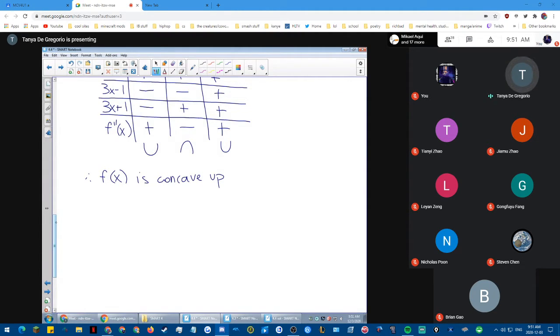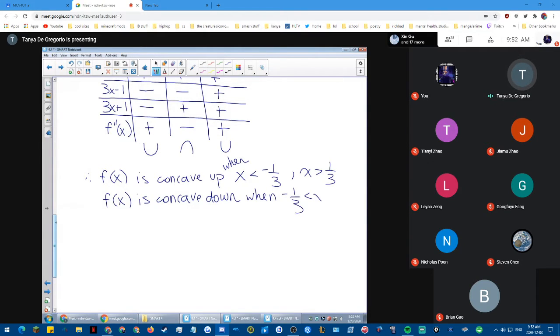So f of x is concave up when? You got it. And? Oh, I forgot my when.